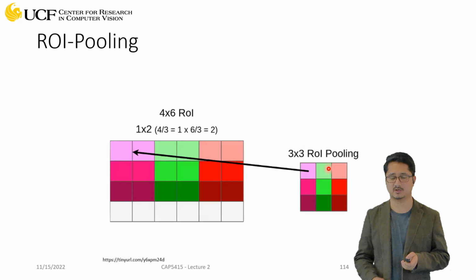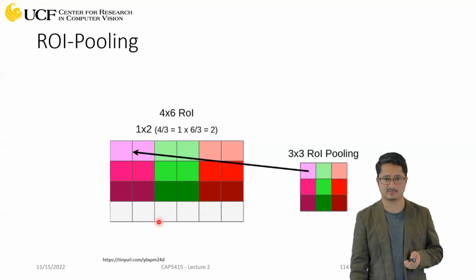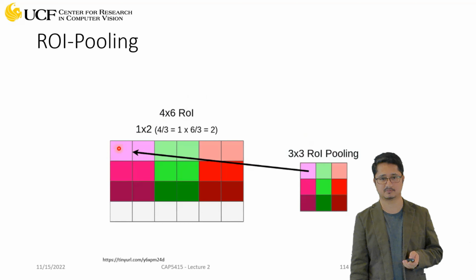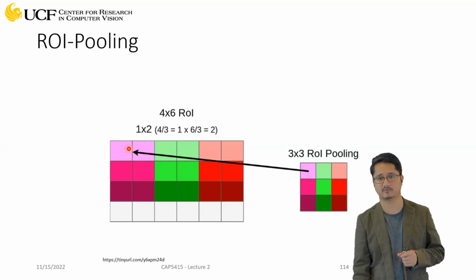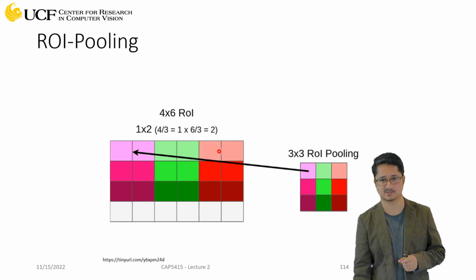There is one more way you lose information. For example, if you have an activation map like this, in this case a 4x6 area, and we want to map this to 3x3. What you do is divide this into a 3x3 grid and just perform max pooling. So for these 2 pixels, you pick the max one, and again for these 2 pixels, you pick the max one. You can pick average pooling as well, it's perfectly fine.